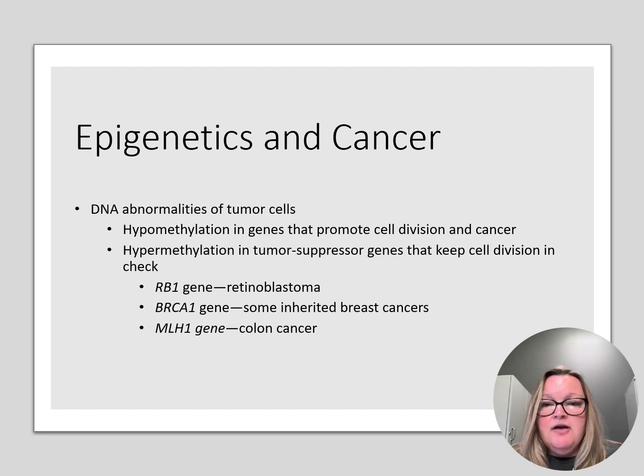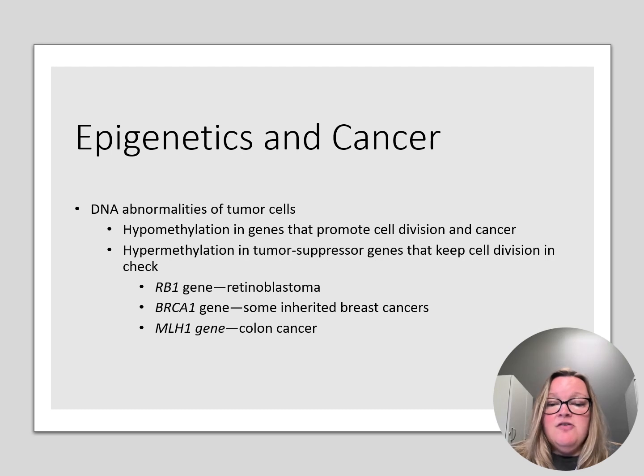The other abnormality here is that there is hypermethylation or too much methylation in tumor suppressor genes. So what does that mean? It means that the tumor suppressor genes are being highly methylated, meaning that they're getting turned off. So what does a tumor suppressor gene do? Just how it sounds, it helps keep cell division in check.